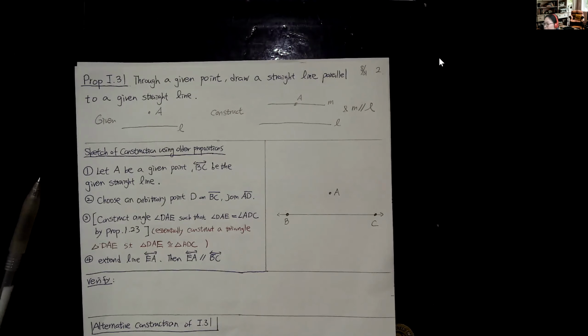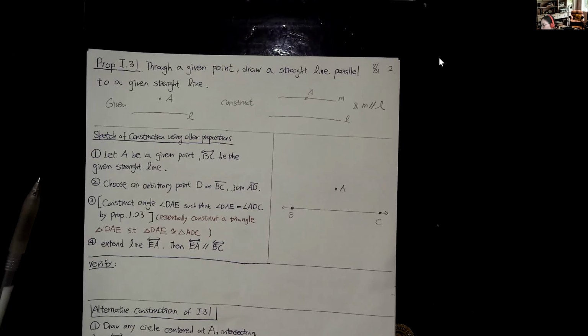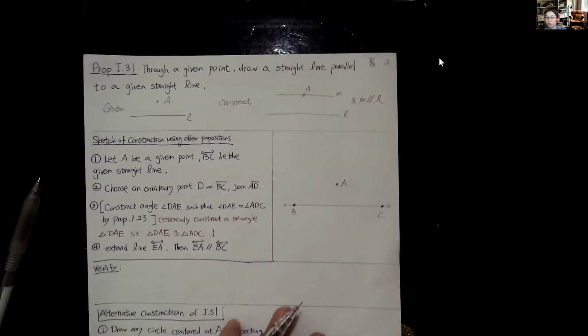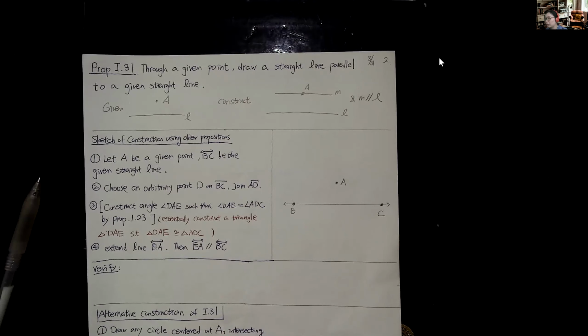Now again, unfortunately this is another proposition where Euclid is going to use an older proposition. So I'm going to do it 2 ways. First, I'm going to quickly sketch the construction steps that Euclid did. I want to follow the original proof at least so we can see the philosophy behind it.